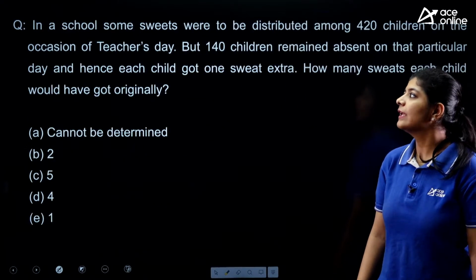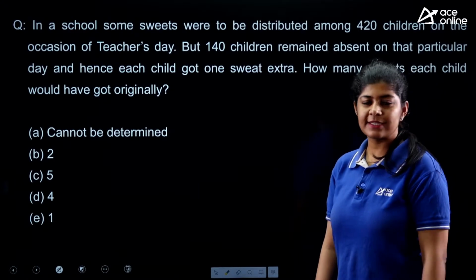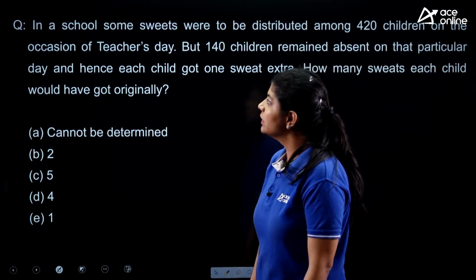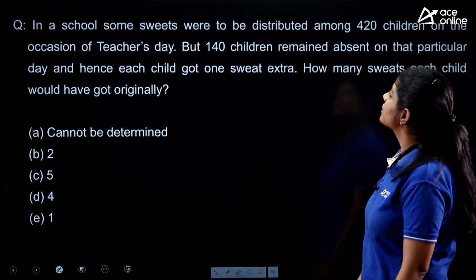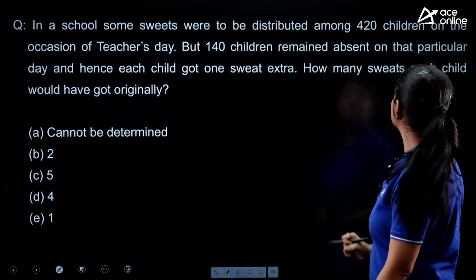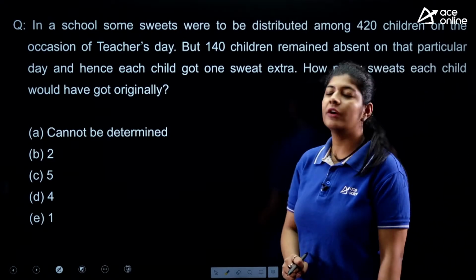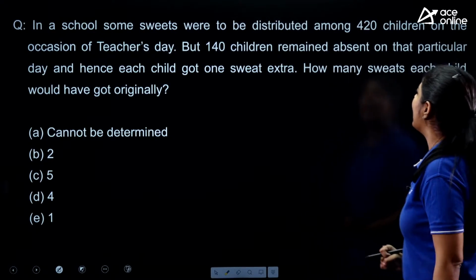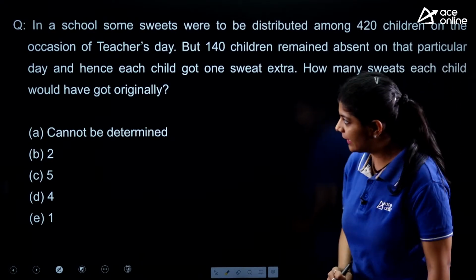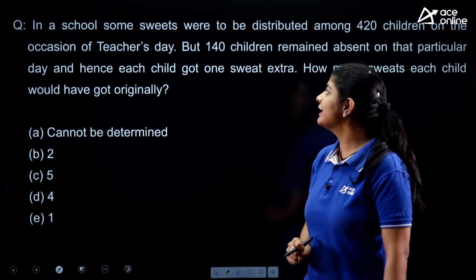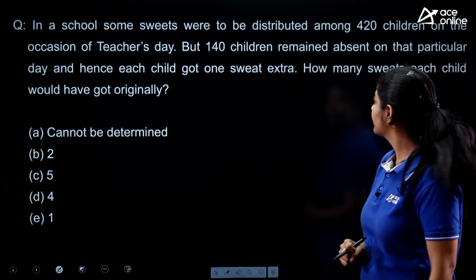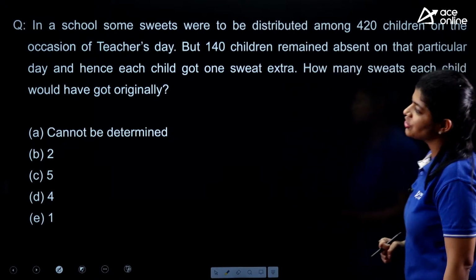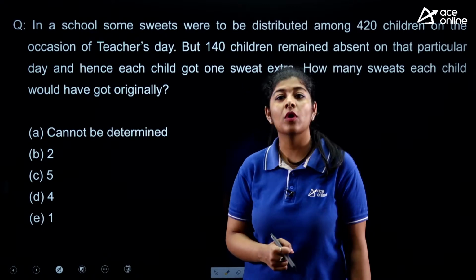Very simple. Next. The next question says that in a school, some sweets were to be distributed among 420 children on the occasion of Teachers' Day. But 140 children remained absent on that particular day, and hence each child got one extra sweet. How many sweets would each child have got originally?